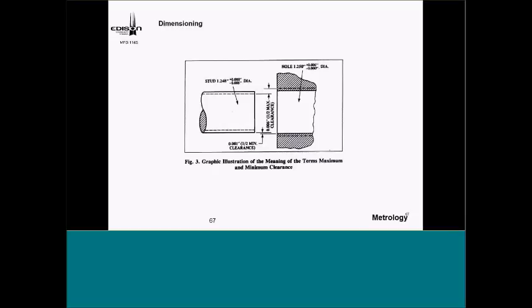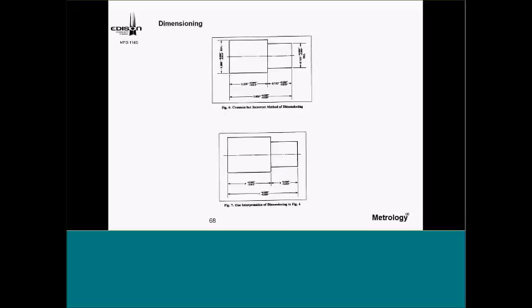And then I talk about dimensioning. And again, the incorrect method of dimensioning, because we have different tolerances here. I have a tolerance here, I have a tolerance here, and I have a tolerance here, and we can't hold all of them. And sometimes we get in trouble because of doing that.